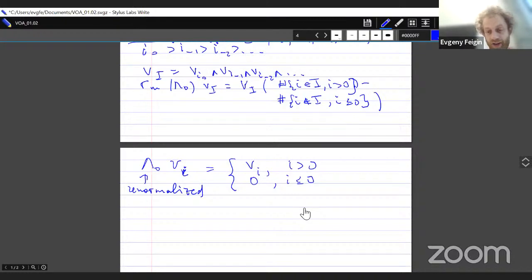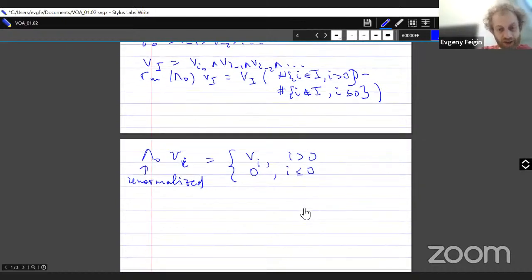Therefore, if we're applying the lambda naught to Vi, then the result is either, so let's see.